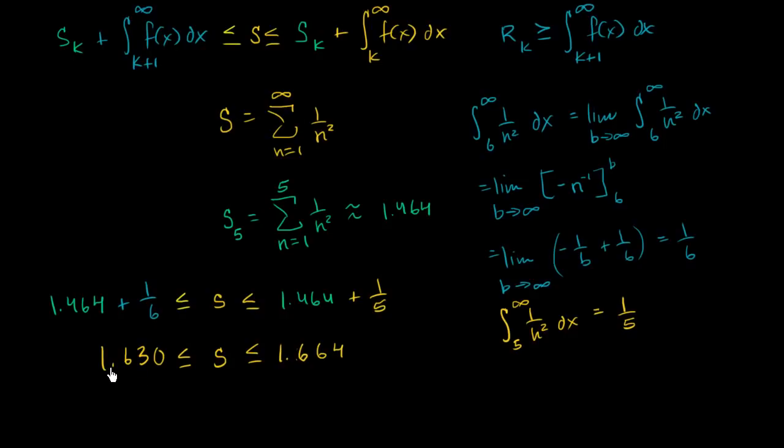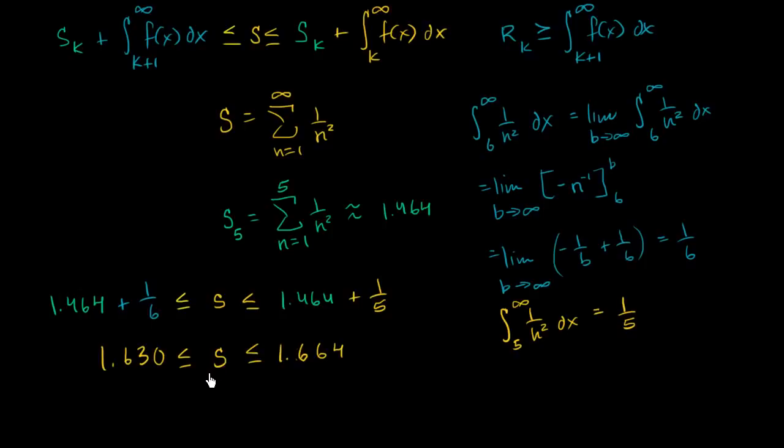And so just like that, you see this thing must be like 1.6. It could be 1.63 something, it could be 1.64 something, it could be 1.65 something, it could be 1.66. But this is already giving us a lot of precision. If we only cared about things to the tenths place, we're done. We know it's going to be 1.6 something.